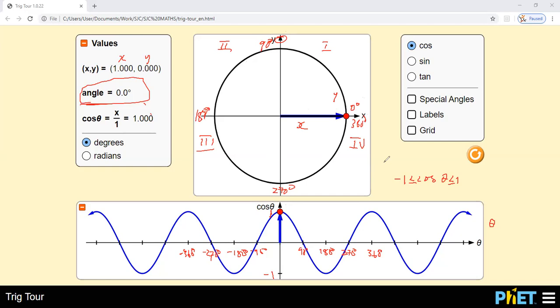Now, let us try some animation here and see the link between the Cartesian plane and the graphs of each trigonometric ratio. Starting now, I'm going to move to an angle of 30 degrees. And by the way, the angle 30 degrees is what we call a special angle, okay?